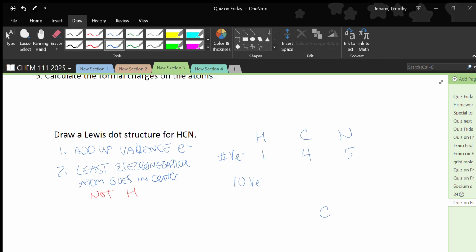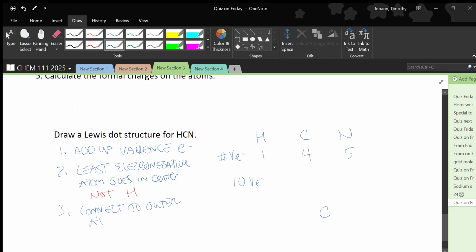All right, now I'm going to connect the outer atoms using single bonds. Might not be following exactly my numbering up above, but just make sure you do all of these steps.